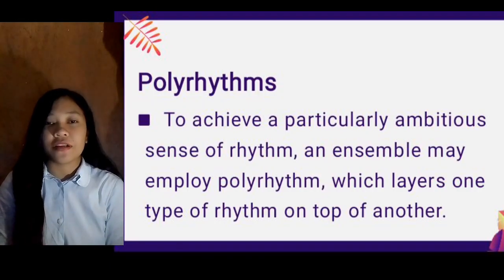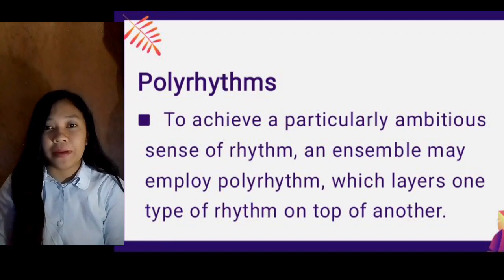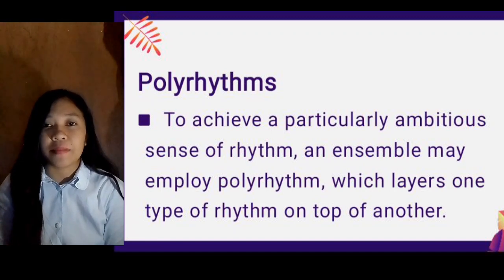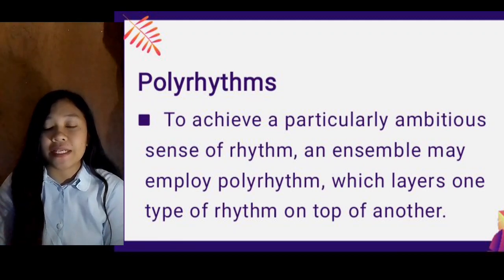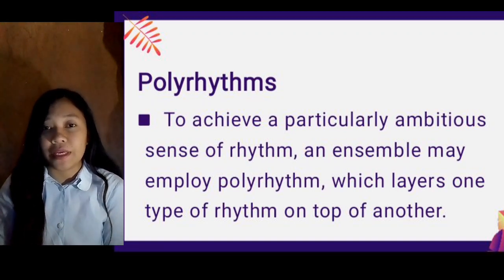The last element of rhythm is polyrhythms. To achieve a particularly ambitious sense of rhythm, an ensemble may employ polyrhythm, which layers one type of rhythm on top of another. For instance, a salsa percussion ensemble may feature congas and bongos playing 4/4 time while the timbales concurrently play a pattern in 3/8.